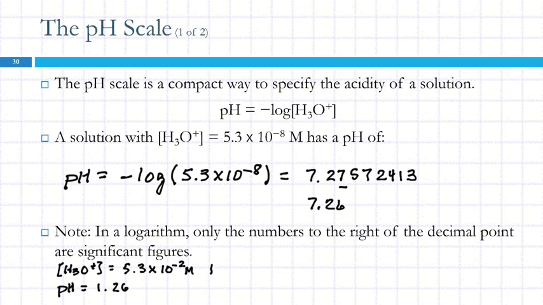What if the hydroxide ion concentration is 5.3 times 10 to the minus 13? And it's 26. Yes. Why is it a 6? Shouldn't it be an 8? Yeah.